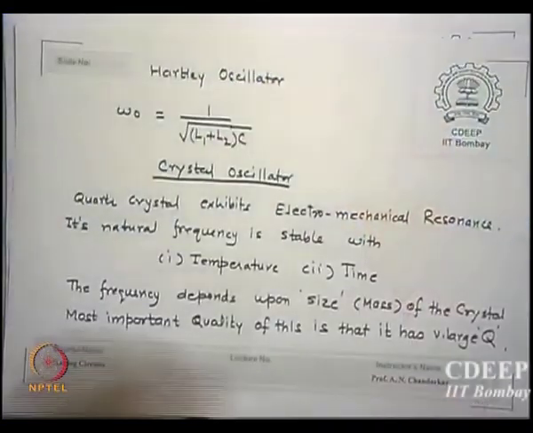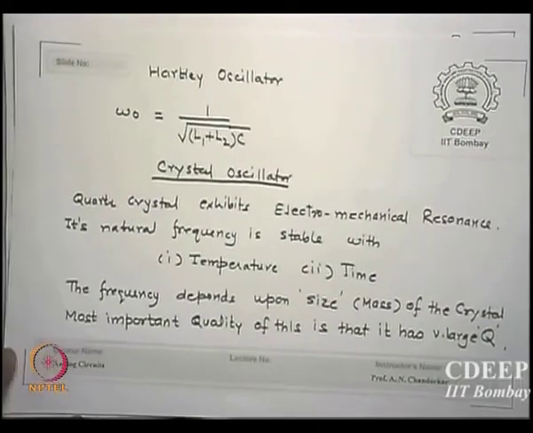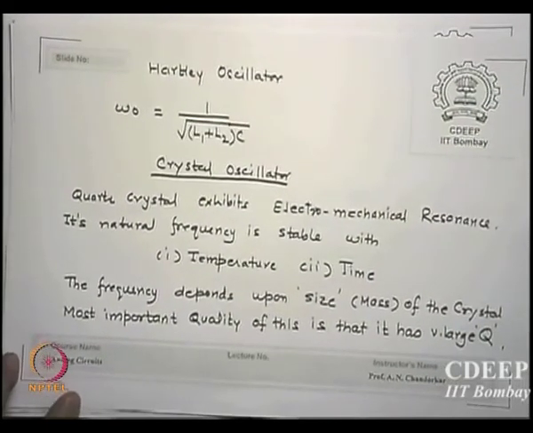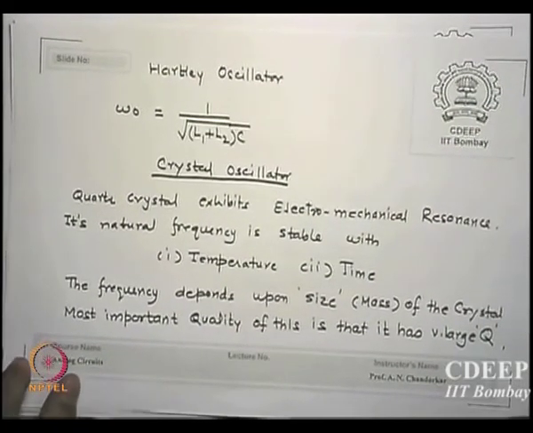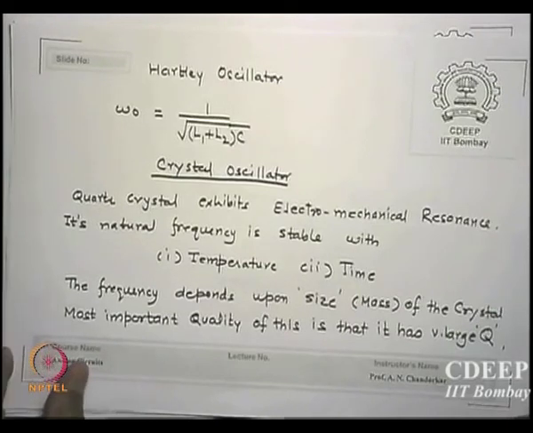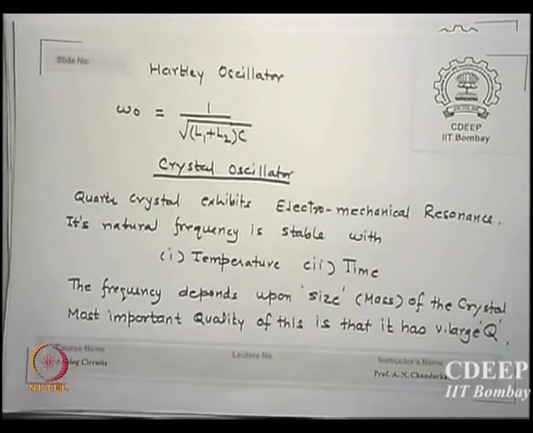Problem क्या है, R रखोगे तो सर्किट लेंथ बढ़ जाएगी, एक्यूरेसी कुछ बढ़ती नहीं. Okay. So if I say, before I come, the frequency depends on size. Most important quality of this quartz crystal is it has a very large Q, and Q is greater than 10 to power 4 or above.